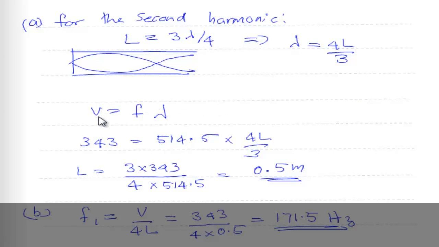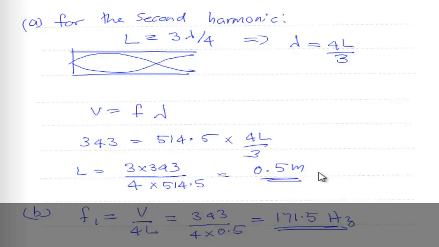We know that speed v is f times lambda. Also, the speed of sound in air is a known value, which is 343. So we use that. 343 is equal to the frequency, which is 514.5, times lambda, and we can plug 4L over 3 here. So L equals 3 times 343 divided by 4 times 514.5.